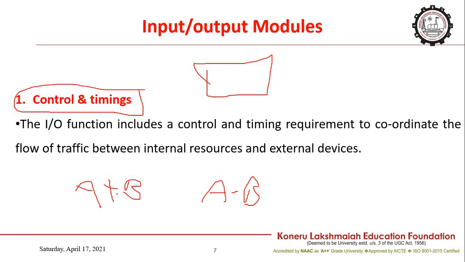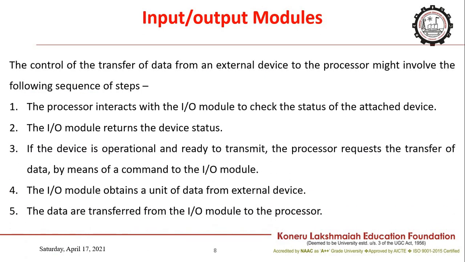So the control and timing will handle this: first it performs A plus B, then it performs A minus B at certain intervals of time. It will break these things up and manage to give the result as fast as possible.